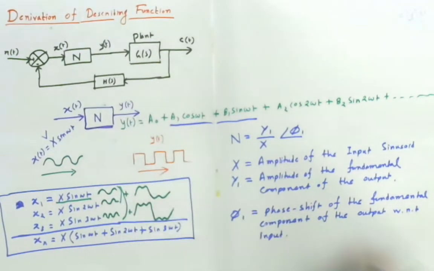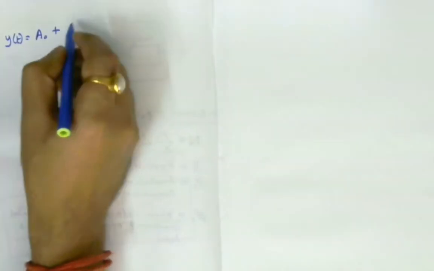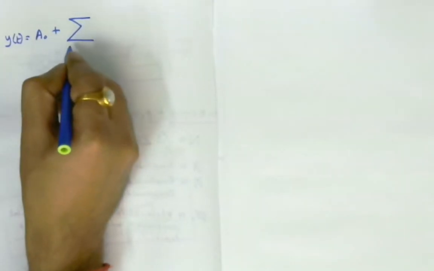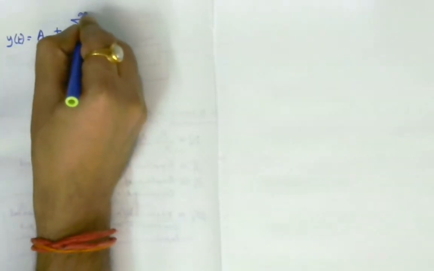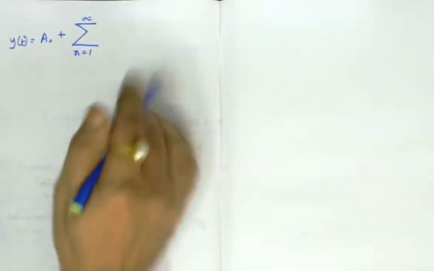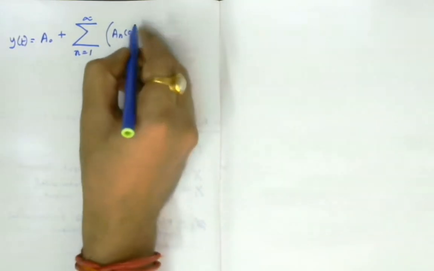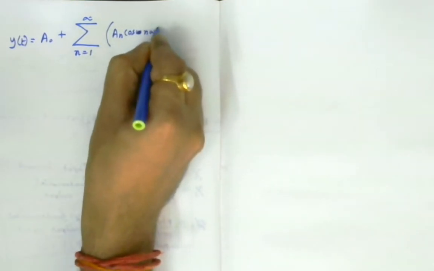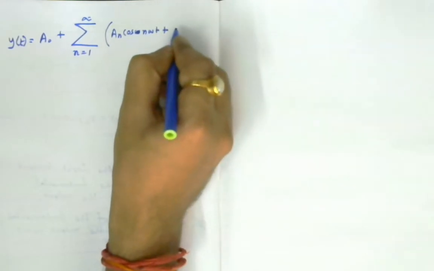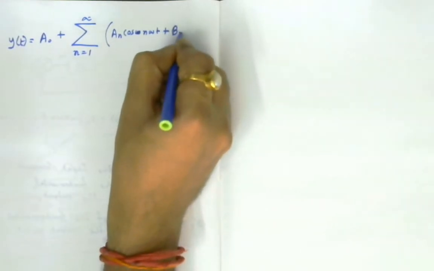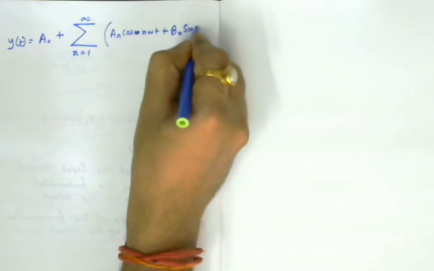So y(t) is the output of the nonlinearity. I can write down y(t) as a0, which is the DC component, plus the sum from n equals 1 to infinity of an cos n omega t plus bn sin n omega t.